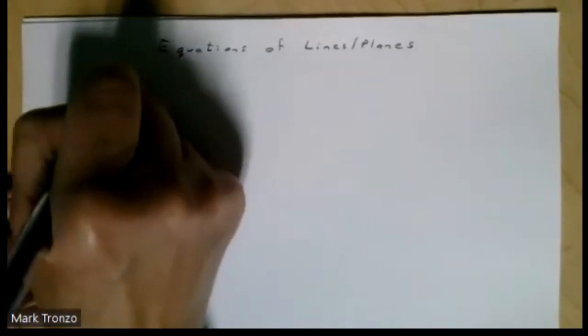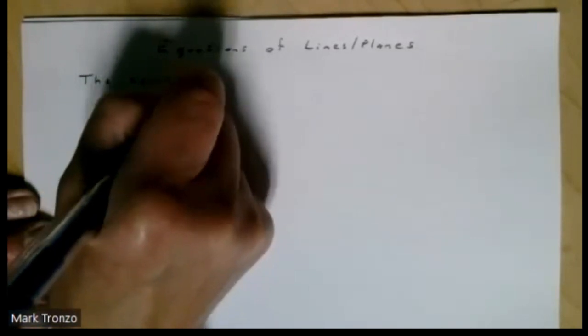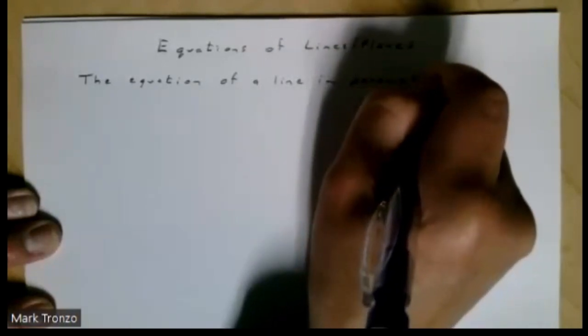And then the equation of a line in parametric form. And we can maybe call this parametric or vector form.